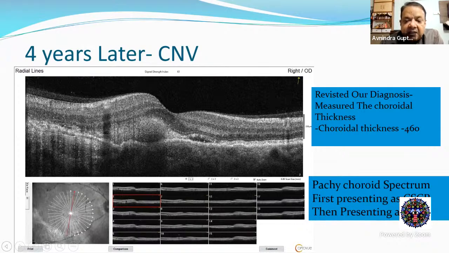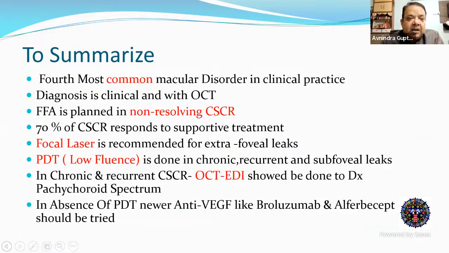So in the pachychoroid spectrum, first this patient presented as CSCR, and later after 4 years, this patient came with a PNV-like picture. So the third point is that the same patient can develop neovascularization over a period of time.